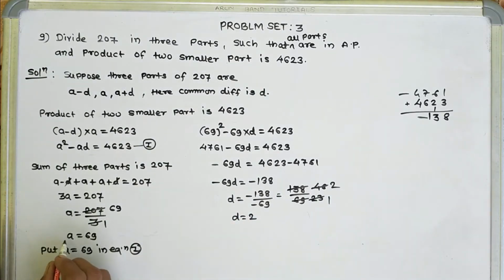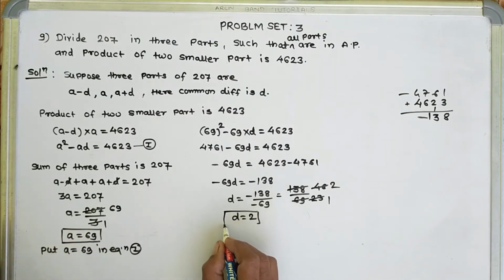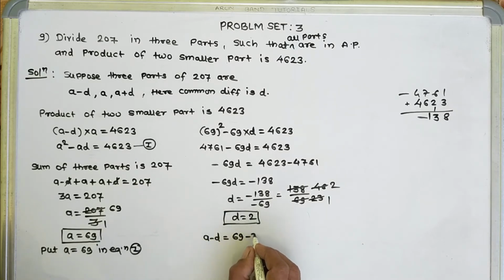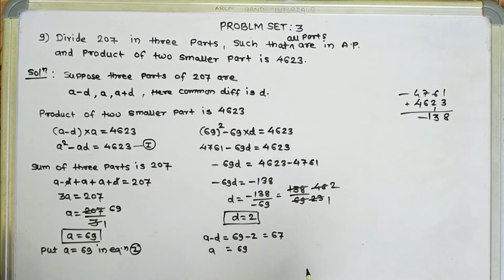Here we get the value of a. Also we have the value of d. So we can write the 3 parts. So a minus d will be equal to 69 minus 2, which will be 67. A will be equal to 69 and a plus d will be 69 plus 2, that is 71.